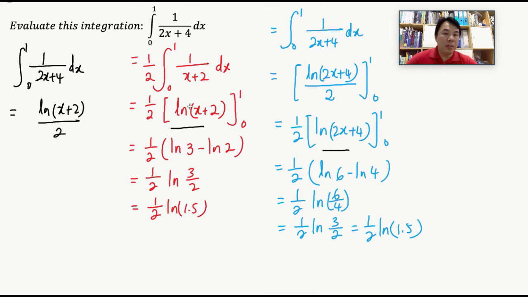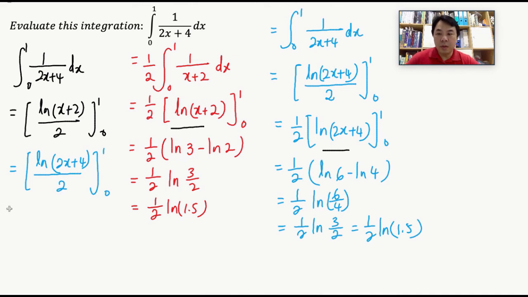If I put the half inside the bracket, now that would be from 1 to 0. Whereas if I apply this identity strategy, I would end up with, also by putting a half inside there, 2x plus 4 divided by 2. So the conclusion is both of these yield the same result. So it doesn't matter which method you fancy, both of them will yield the same result.